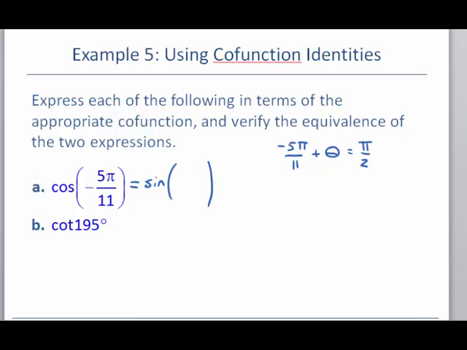And so we need to figure out what the theta has to be. All right, so I can do that by adding 5 pi over 11 to both sides of this expression. Now we know that we'll have to do a common denominator over here to add. So we could write pi over 2. I guess we're going to have to use 22 as our common denominator between 2 and 11.